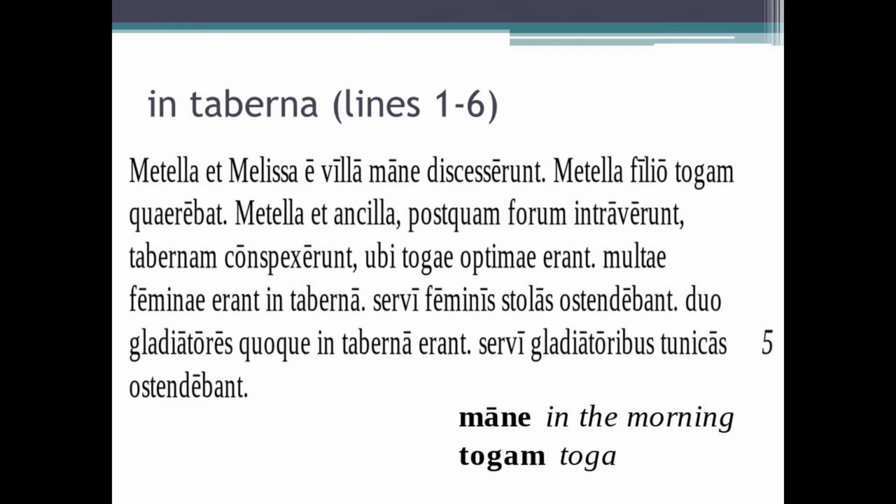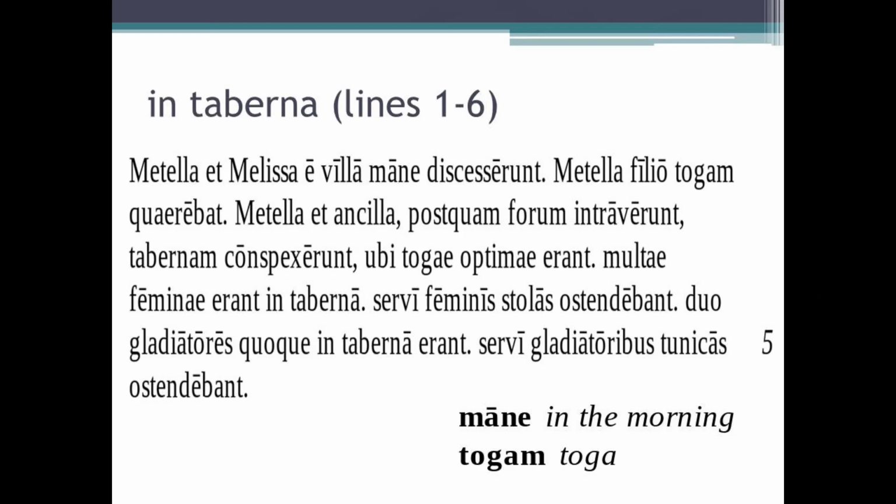Metella filio togam quaerebat. Metella was looking for a toga for her son. Metella et ancilla postquam forum intraverunt tabernam conspexerunt ubi togae optimae erant. Metella and the slave girl, after they entered the forum, caught sight of the shop where the best togas were.